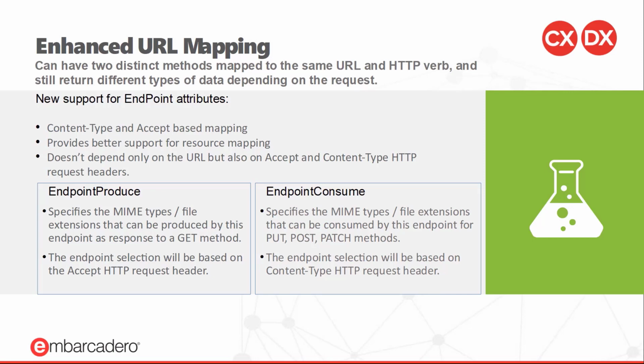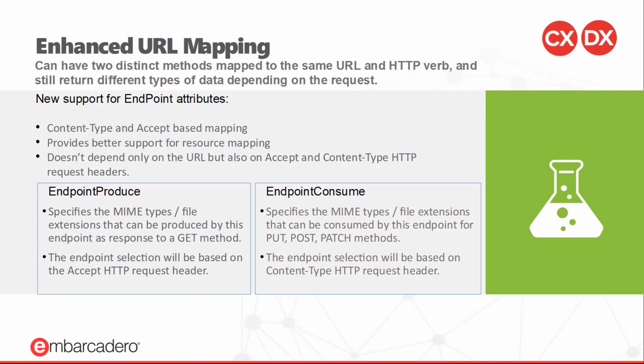There's two new attributes, endpoint consume, which is used for put, post, and patch type methods for doing updates and adding new records, and endpoint produce, which specifies MIME types and file extensions that can be produced by the endpoint as a response to a get method.